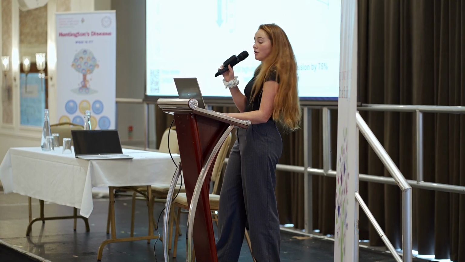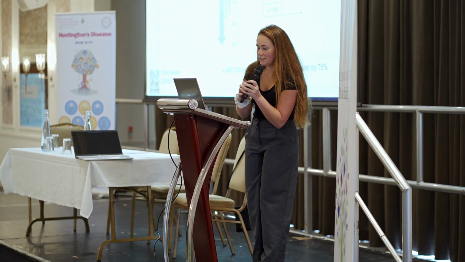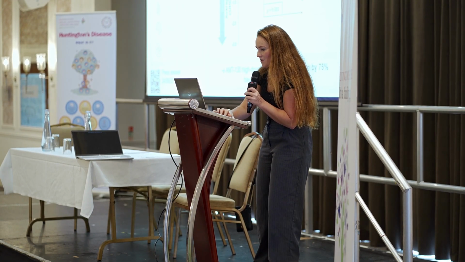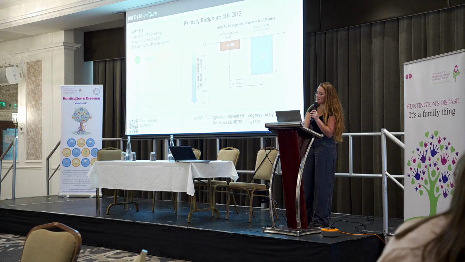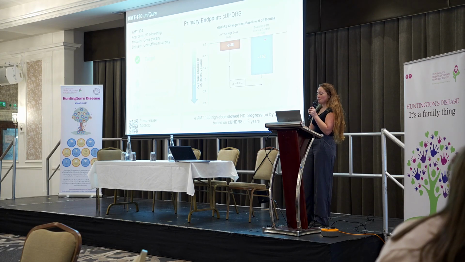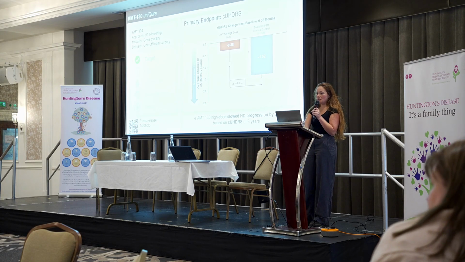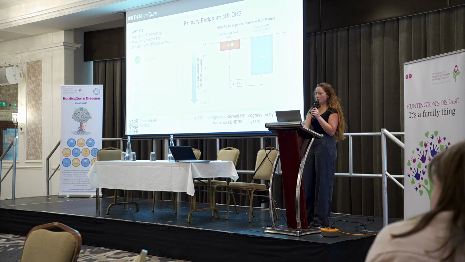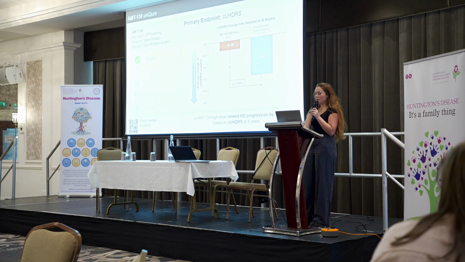And then you can see here, if I just maybe get my pointer, hang on, sorry. Yeah, so here is Enroll, the people within the observational study who are matched demographically, like age and sex, to the 12 participants in the high dose group on the trial.